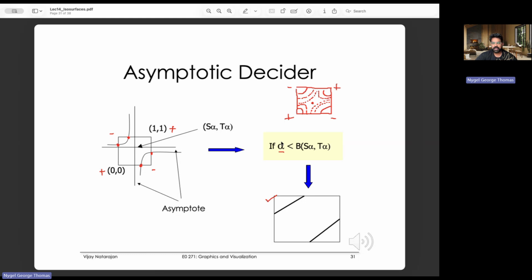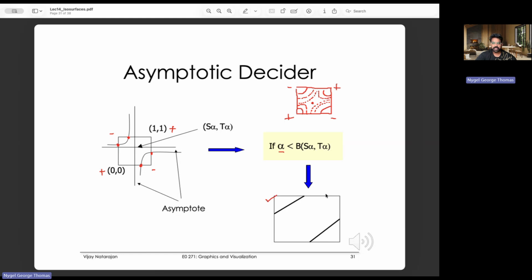So if the alpha value is less than B of (S alpha, T alpha), the general equation being B of (S, T), where S alpha and T alpha are the values corresponding to the saddle point, then we take this kind of orientation.